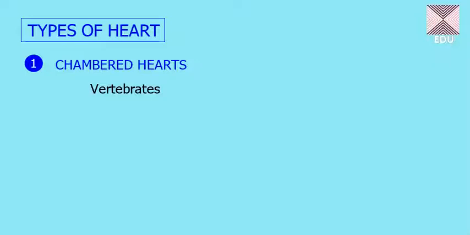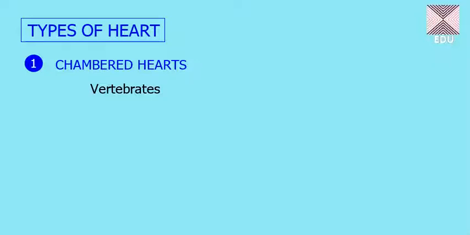We have taken the types of hearts in a wide description in the question on the evolution of the heart. There we discussed how the chambers have increased in number, and what the status of the interventricular septum is.